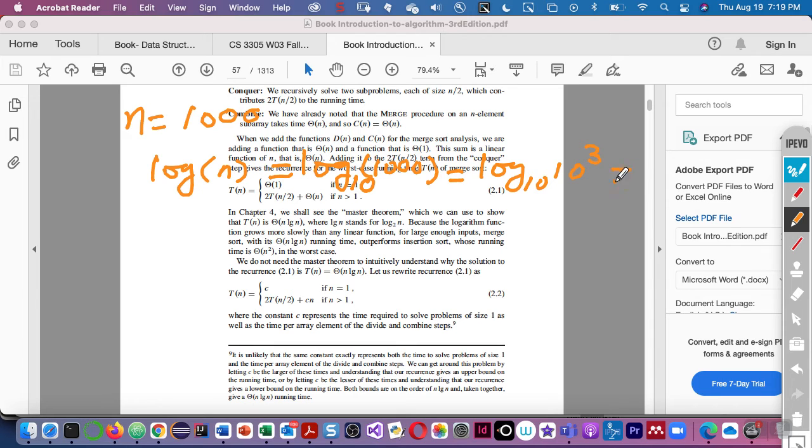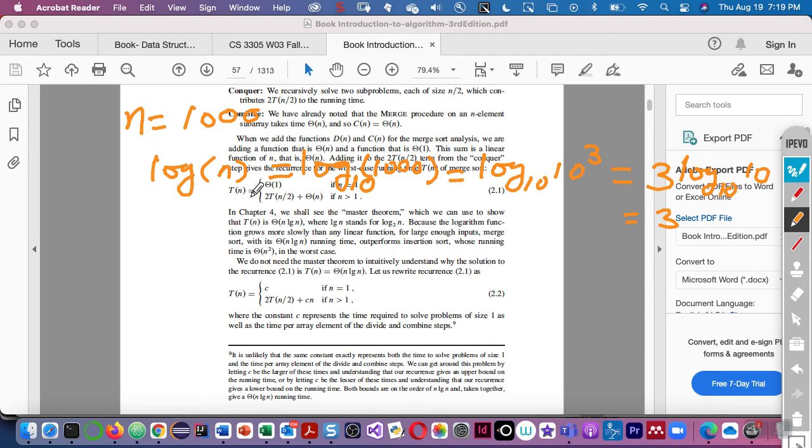So it equals 3 times log of 10, and log 10 equals 1, so the answer is 3.